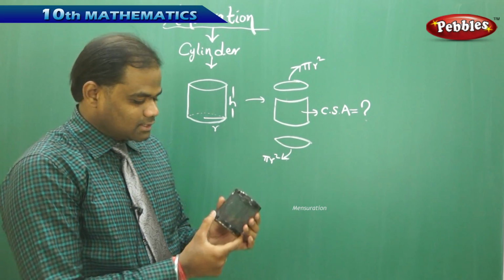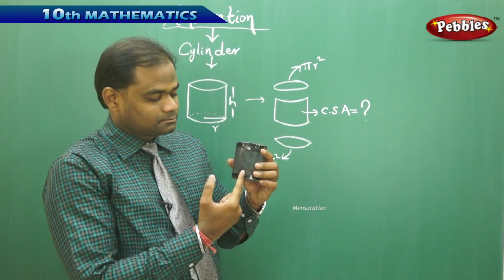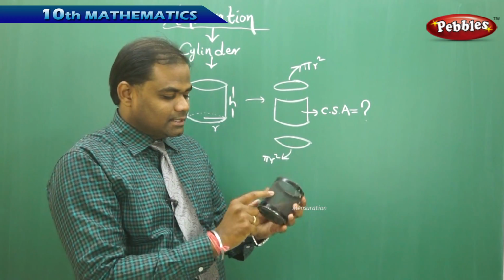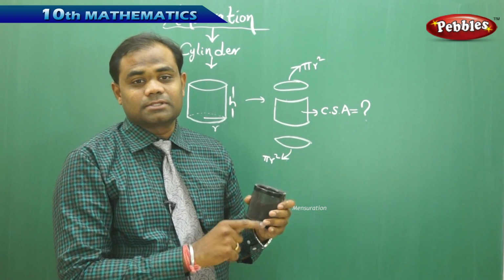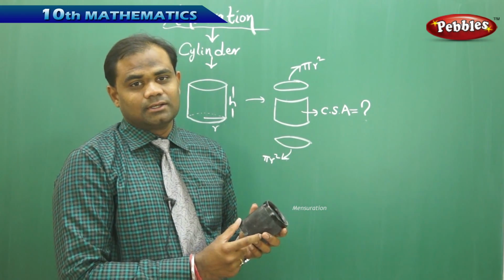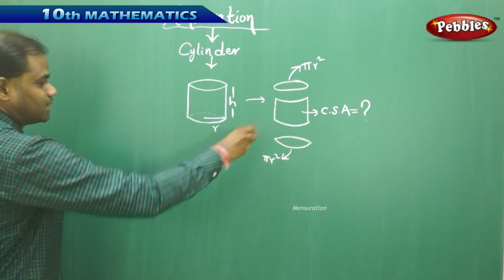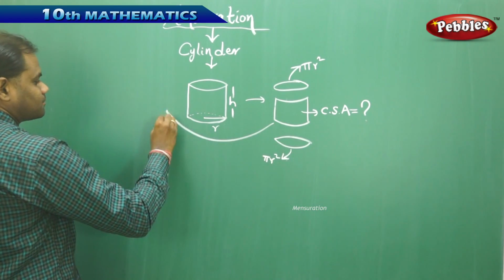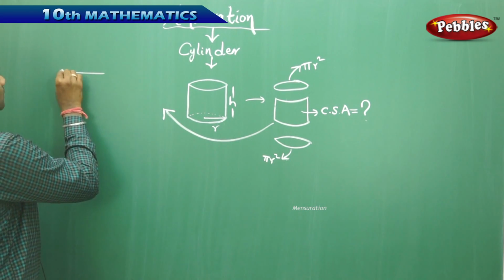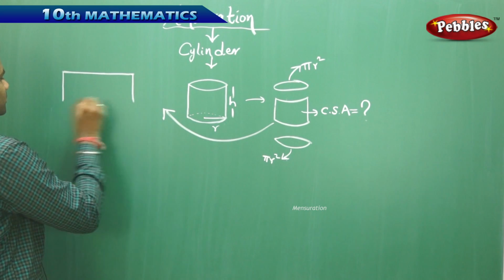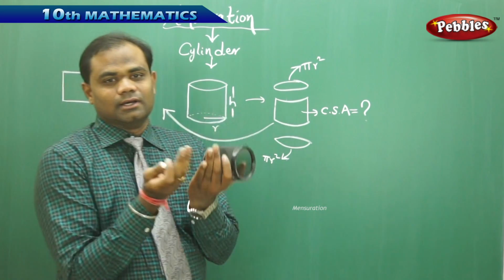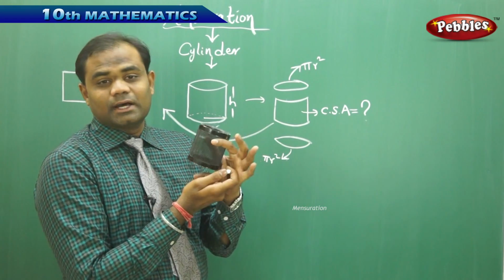Imagine I cut the cylinder at one region and pull it out. I see that this curved part becomes a rectangular strip. As you can visualize, when I cut this and expand it, it becomes a complete rectangular strip, which on rolling again becomes the curved part of the cylinder.